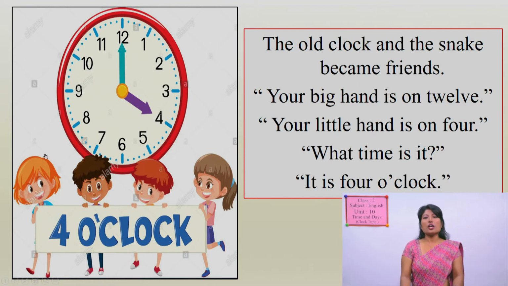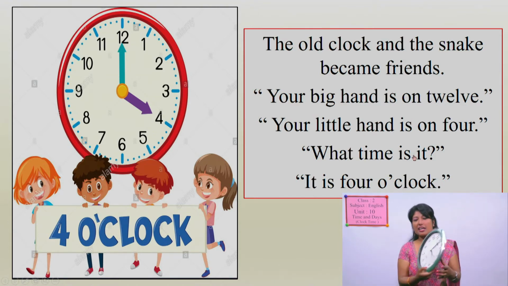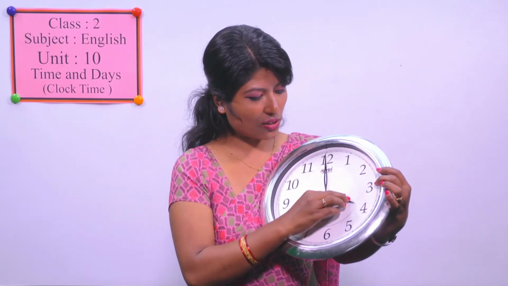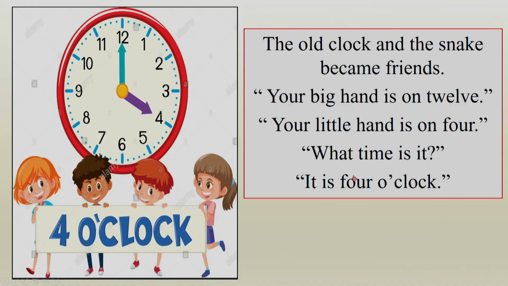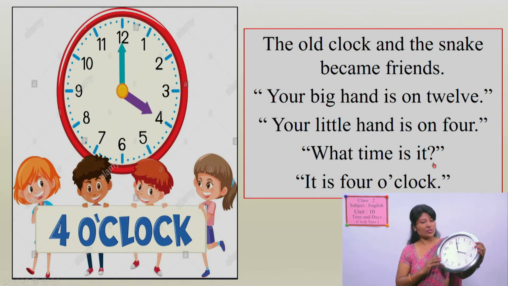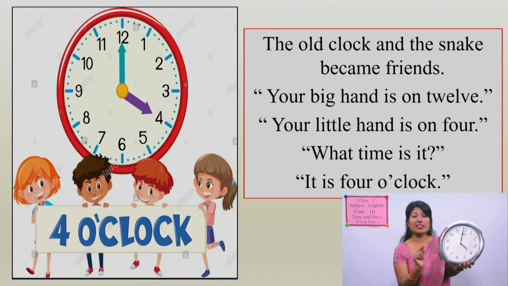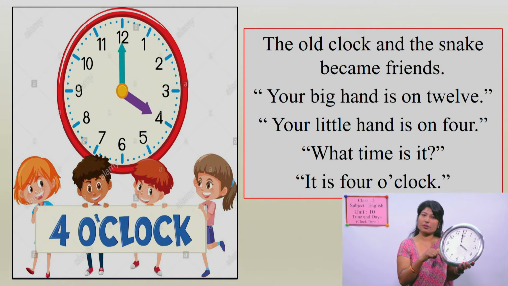Your big hand is on 12. Your little hand is on 4. What did it say? Big hand on 12 and little hand on 4. What time is it? So the snake was so curious. Snake became friend of clock, and then the snake asked the clock.